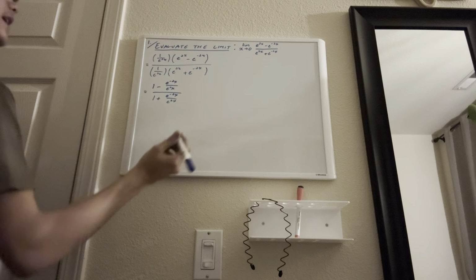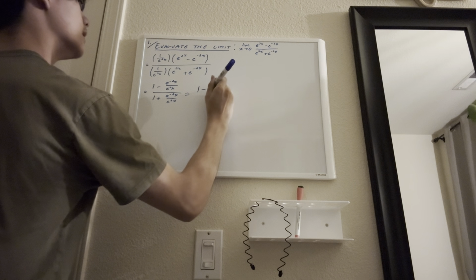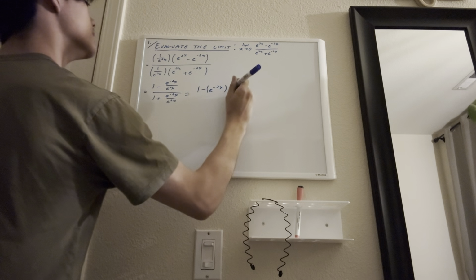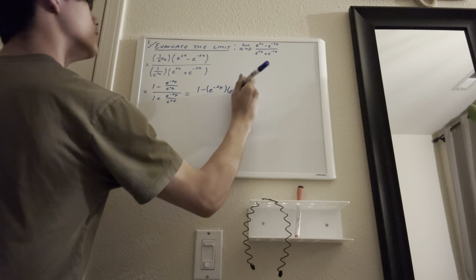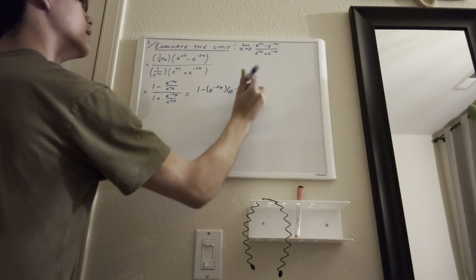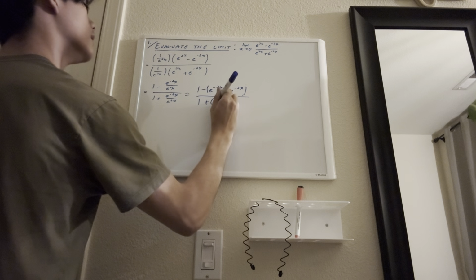So we can write this as 1 minus e to the negative 2x times e to the negative 2x, e to the negative 2x on both the top and bottom.